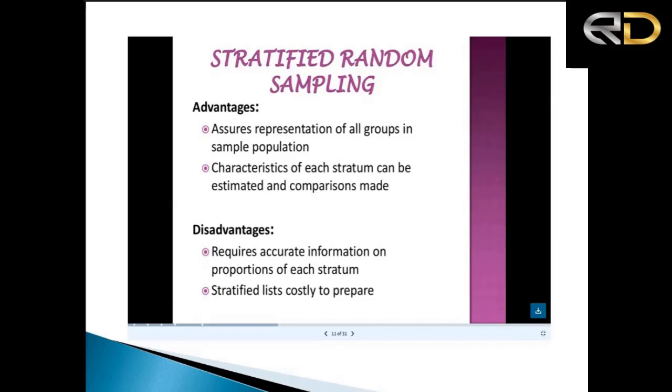Now come to the disadvantages of stratified random sampling. It requires accurate information on the proportions of each stratum. The stratified list is costly to prepare. And one more thing, it is very hard to decide the boundary of the strata. So these are some disadvantages of stratified random sampling.